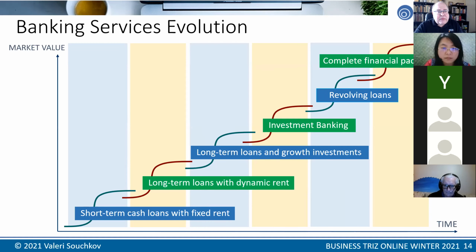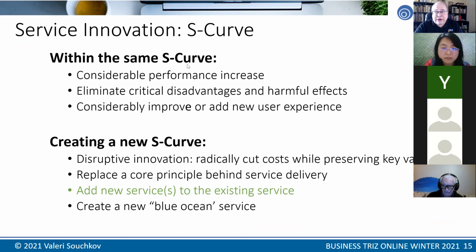So here we have service innovation can be, again, like I said, within the same S-curve, like considerable performance increase, eliminating critical disadvantages and harmful effects, or considerable improvement or adding of new user experience, or creating a new S-curve, disruptive innovation: radically cut costs while preserving key values and functions, replacing the core principle behind service delivery, adding a new service to the existing service, and finally, creating a new blue ocean service, a service which has never been on the market yet.